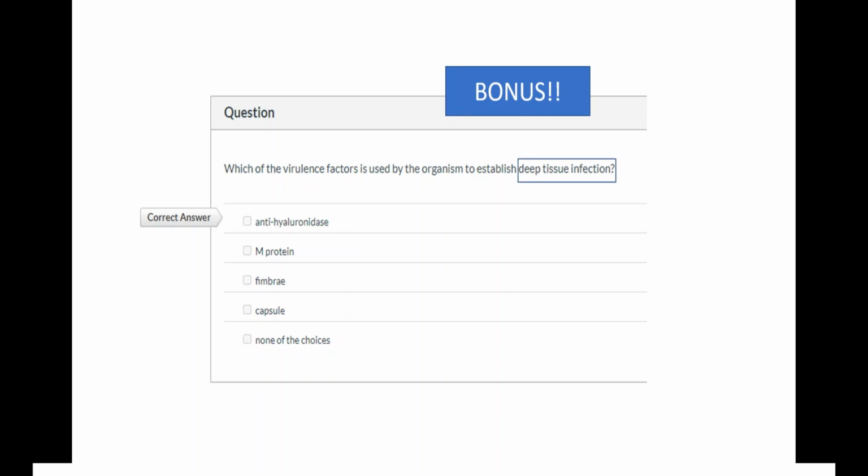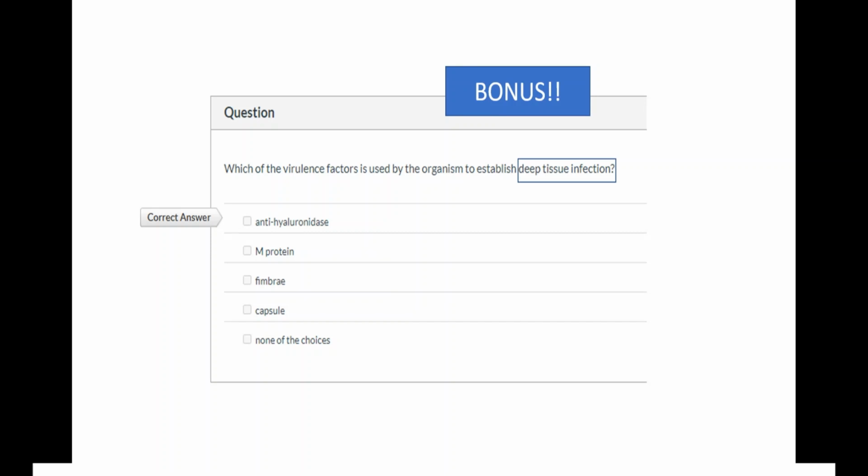If you can remember in the virulence factors of the streptococcal species, M protein is found on its fimbriae, and fimbriae is used by the organism to adhere to the epithelial lining. So it is used by the organism to initiate infection. Capsule is used by the organism in order to evade the phagocytic activity of our WBCs. So they are not phagocytized because they have the capsule.